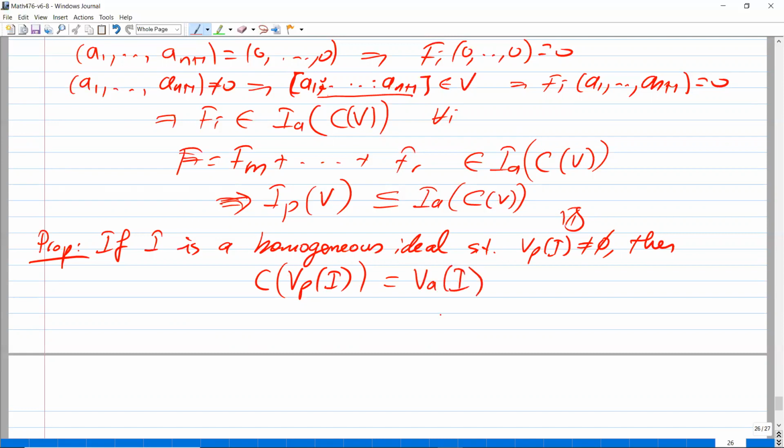So they are the same. This is in the affine sense, this is in the projective sense.